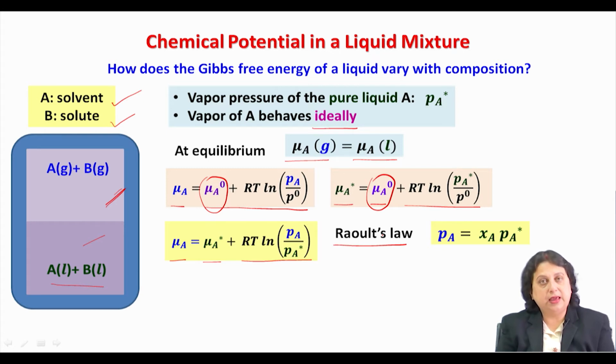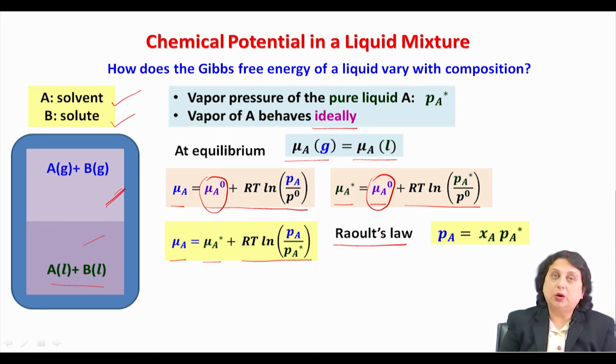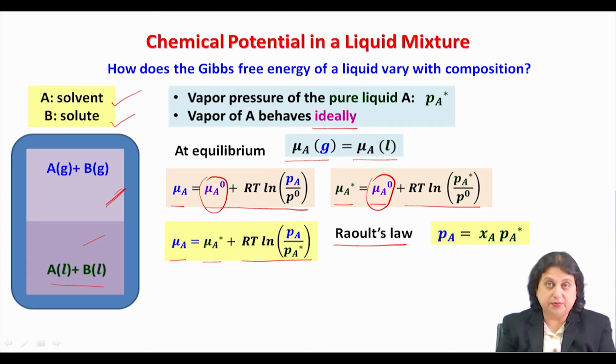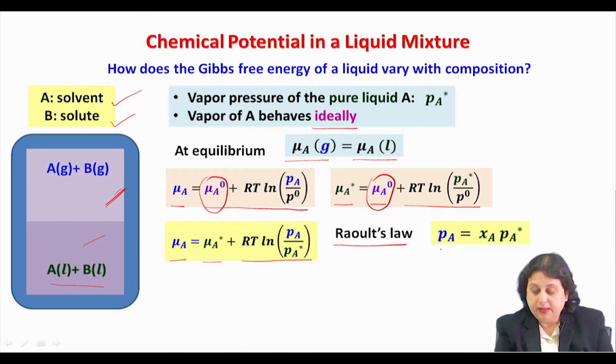Let PA be the partial pressure of the component A in contact with the liquid solution A plus B. And Raoult's law, by collating a very large number of experiments, found that the partial pressure of A in the vapor in equilibrium with the solution is given by XA into PA star.